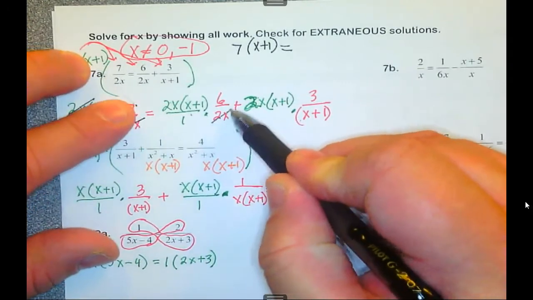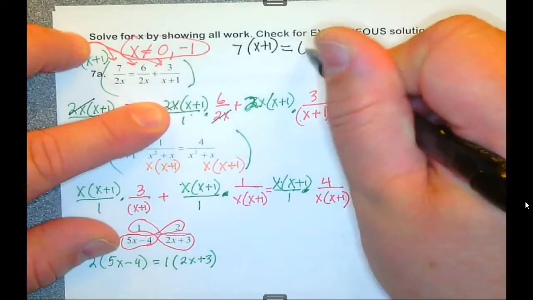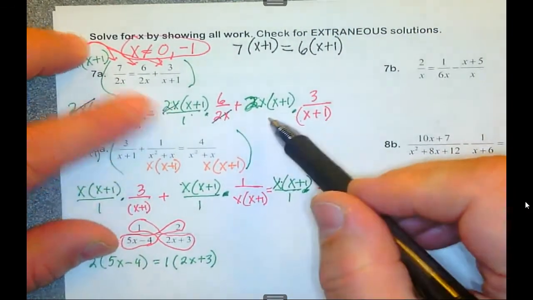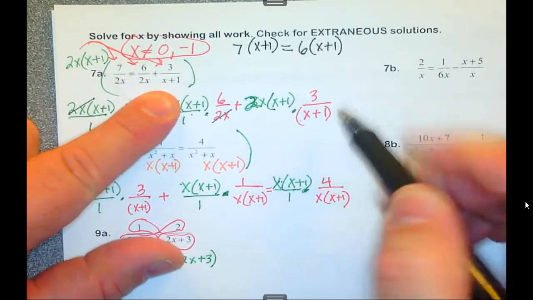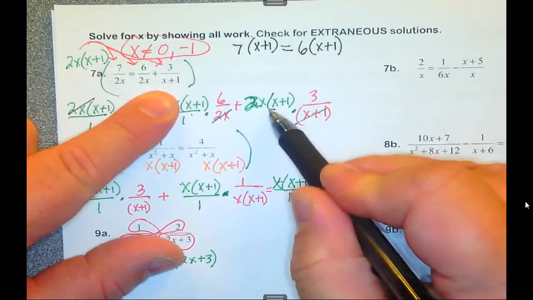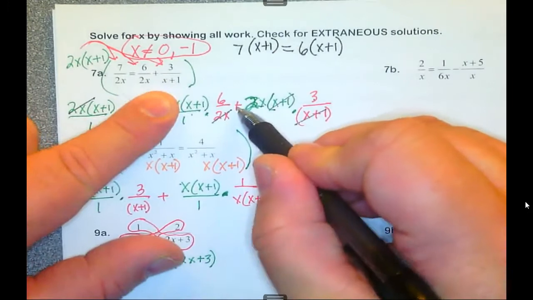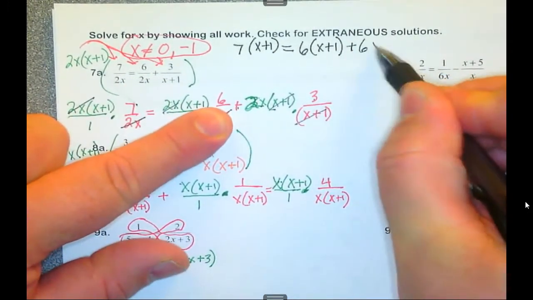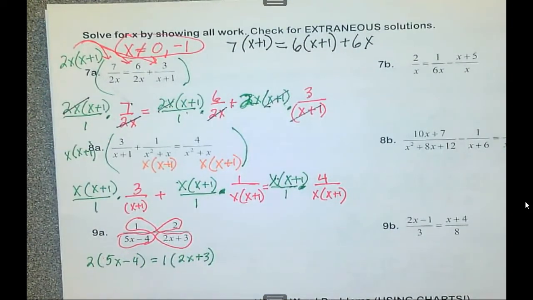My 2x's cancel out, and I have 6 times x plus 1. And then I'm going to take my common denominator, multiply it by the third term. This time, my x plus 1's cancel, and I get 3 times 2x. It's a plus sign. So I have 6x. You with me?